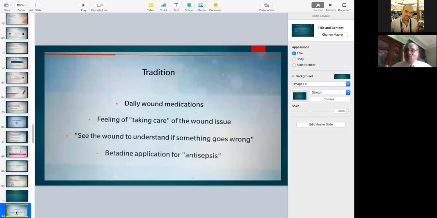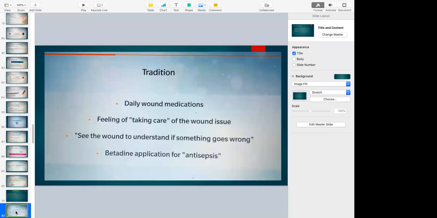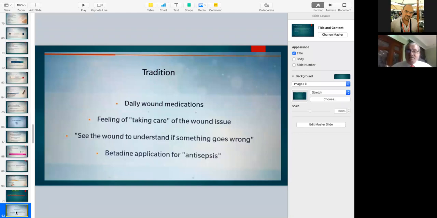With the traditional approach, we want daily wound dressing, and we have an internal feeling that we are taking care of the wound and understanding it. If something goes wrong, we want to remove the dressing to see what's going on there. And sometimes we want antiseptic betadine application.